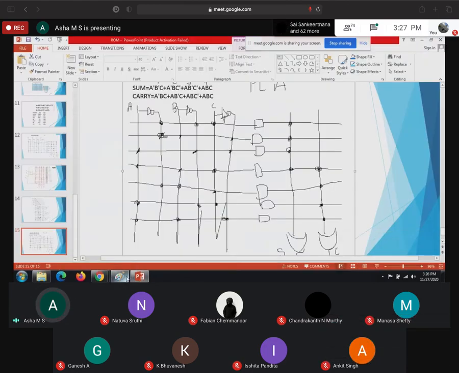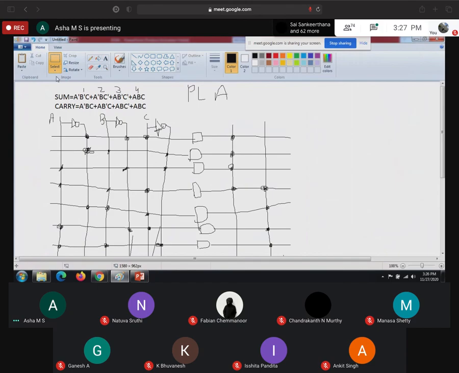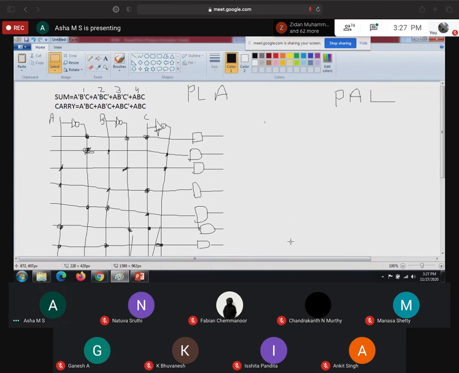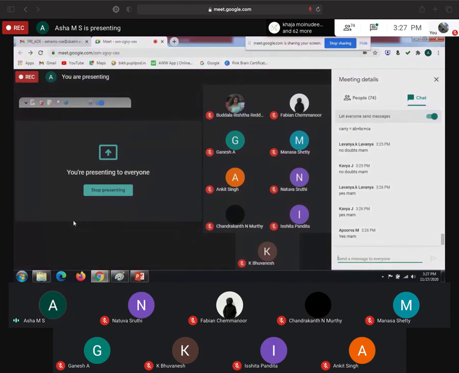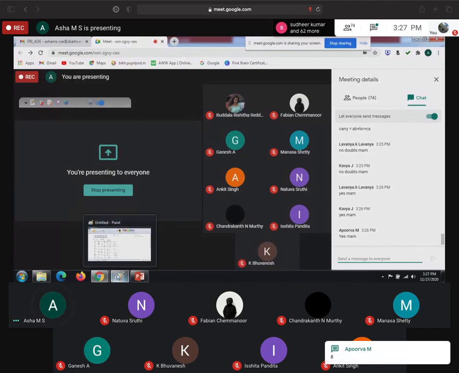See, suppose this is the PAL structure. How many AND gates are required if it is PAL, 7 or 8?